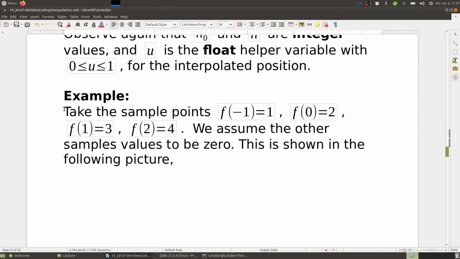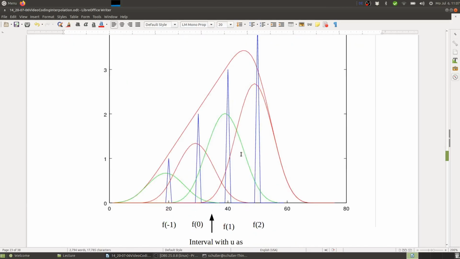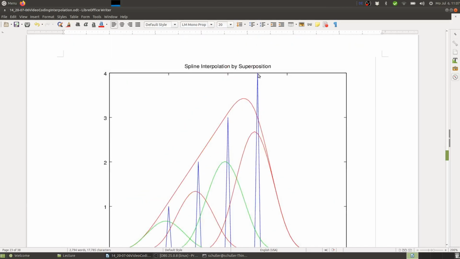Yeah, so here's an example. Take the sample points f of minus 1 equals 1, f of 0 equals 2, f of 1 equals 3, and f of 2 equals 4. We assume the other values are 0. This is shown in this picture here. So the blue are the original values.